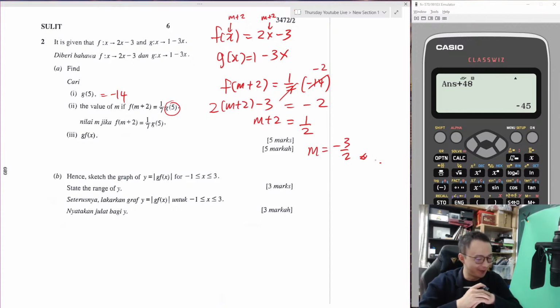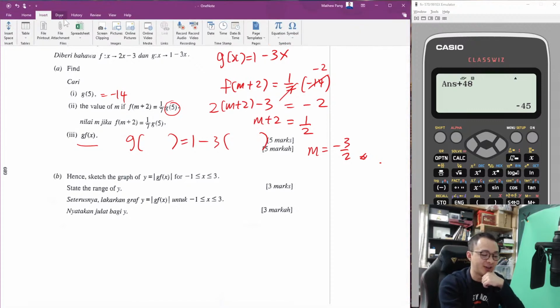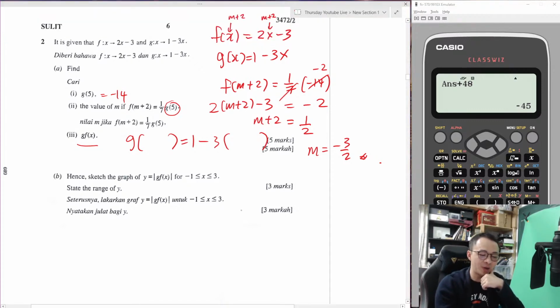Alright, let's continue. gf(x), this one means what? We sub the f(x) into the g(x). So we write g(x) equals 1 minus 3x. And you realize I put the bracket for my x, isn't it? Because what I want to do is, in the bracket, I'm going to put in my f(x). So what's my f(x)?